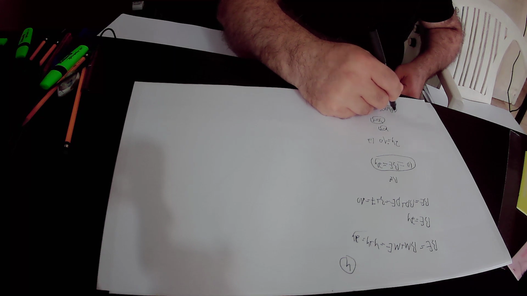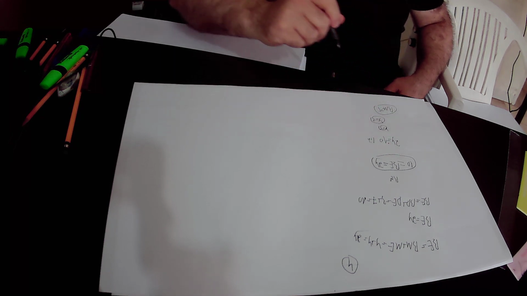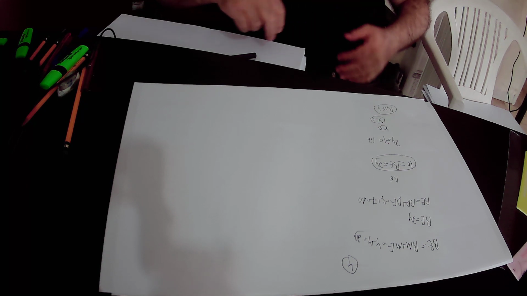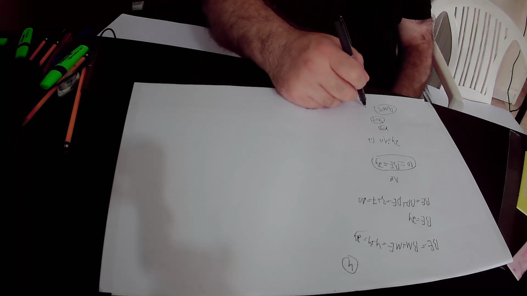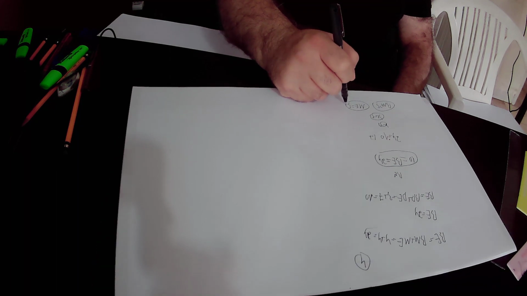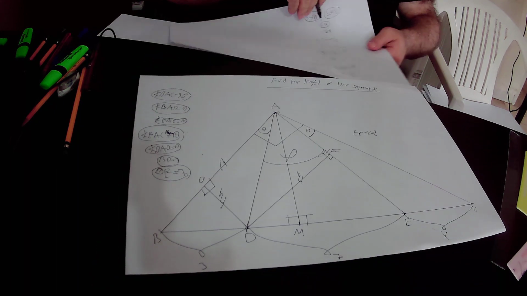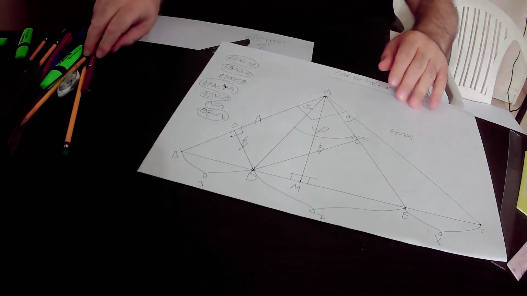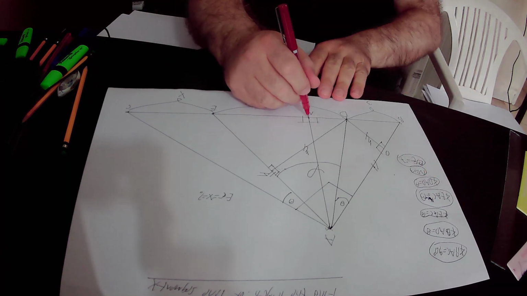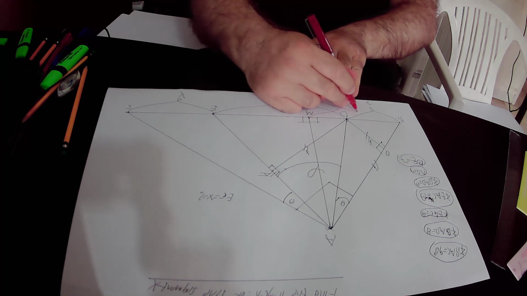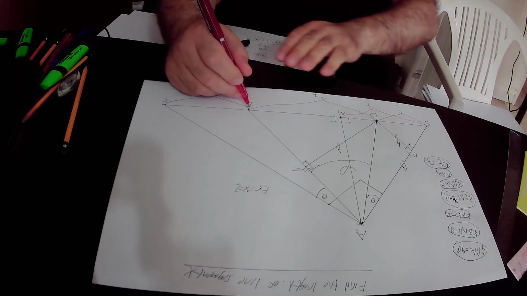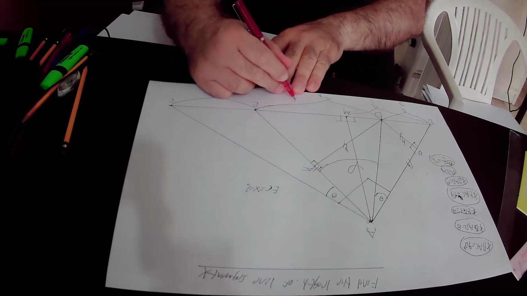And because ME is also equal to Y, ME will also be equal to 5 units. So I can write here that BM equals 5 units and ME is also equal to 5 units.